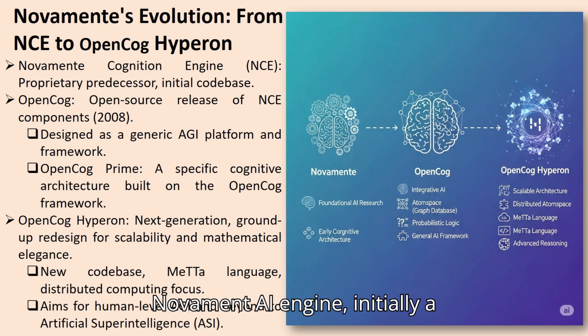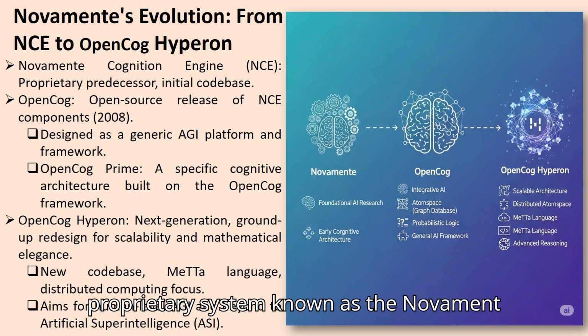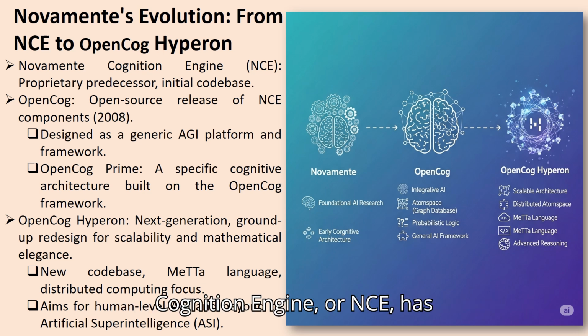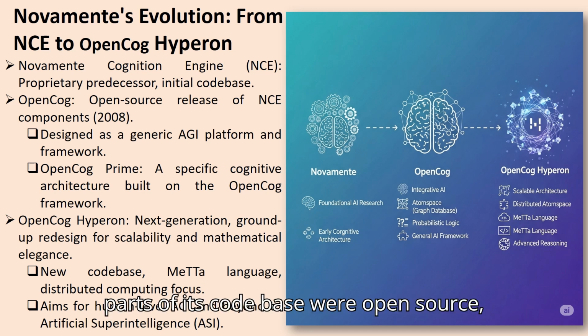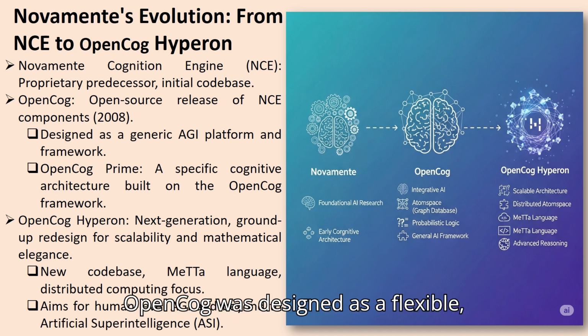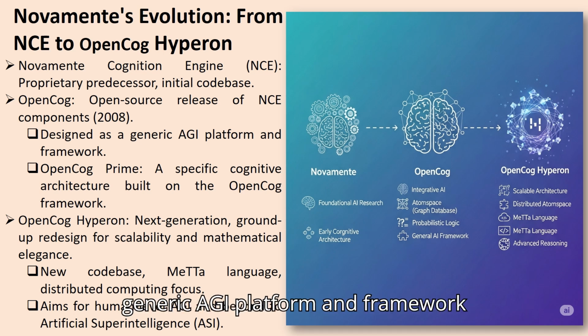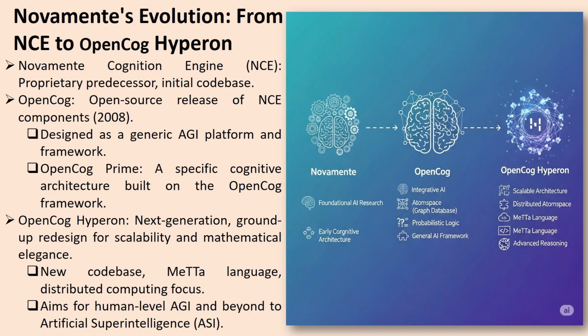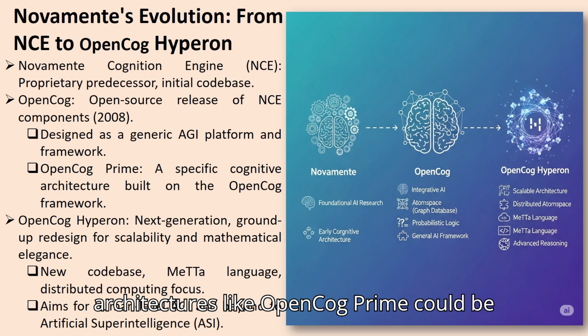The Novamente AI engine, initially a proprietary system known as the Novamente Cognition Engine or NCE, has evolved significantly. In 2008, parts of its code base were open sourced, giving rise to OpenCog. OpenCog was designed as a flexible, generic AGI platform and framework upon which specific cognitive architectures like OpenCog Prime could be built.